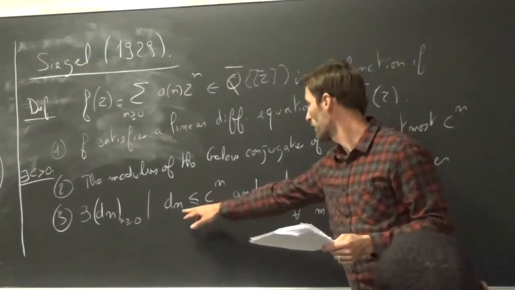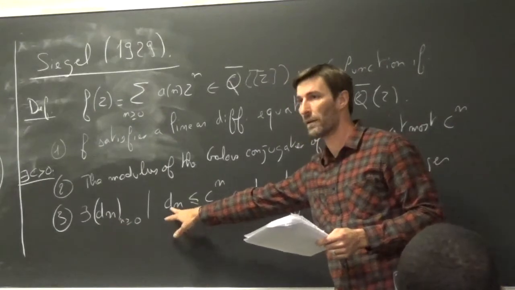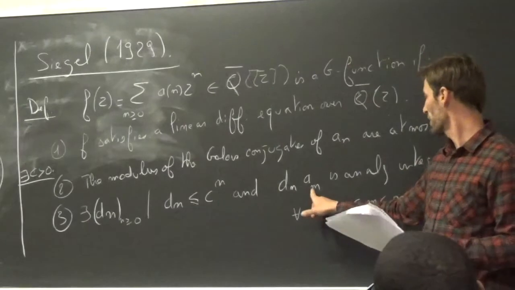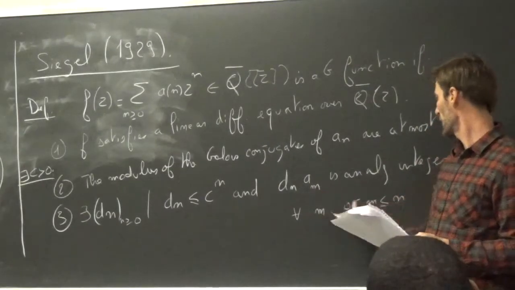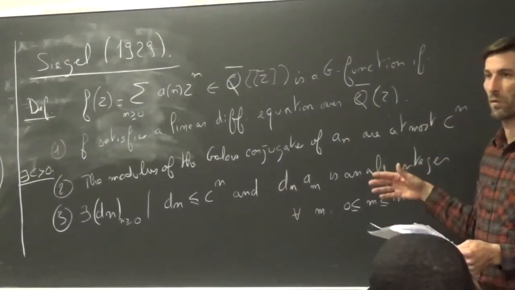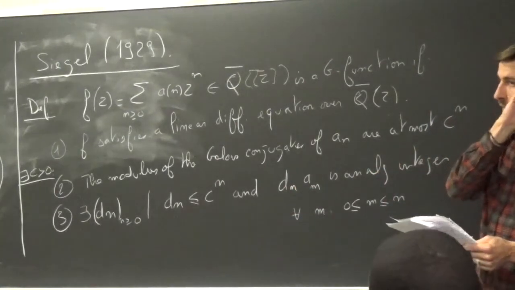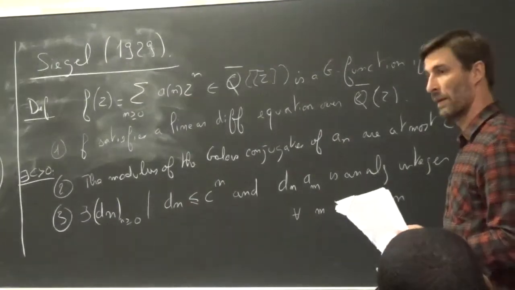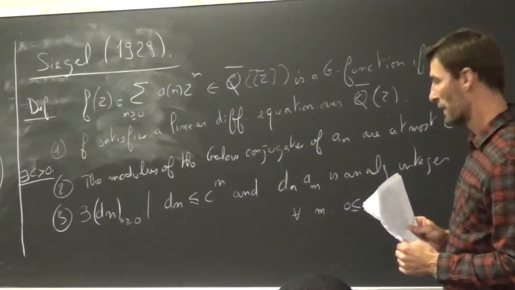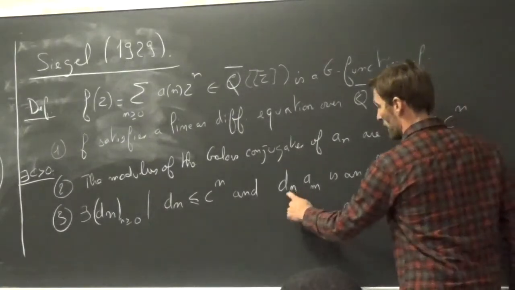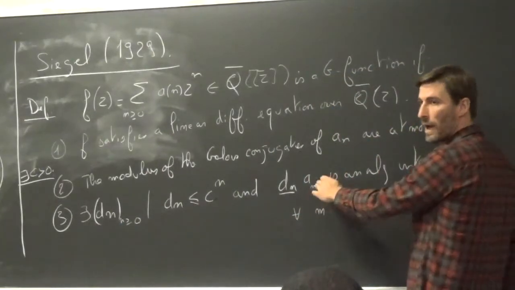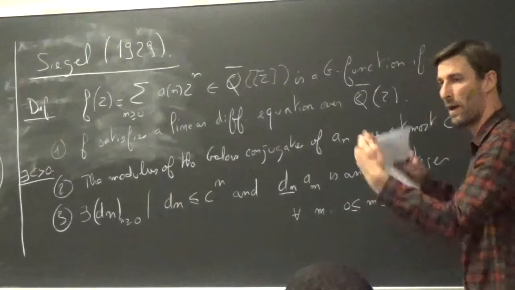And there is this sequence of natural numbers d_n, which are also at most C to the n, so that if you multiply any of the first n coefficients a_m by this d_n, they become algebraic integers.